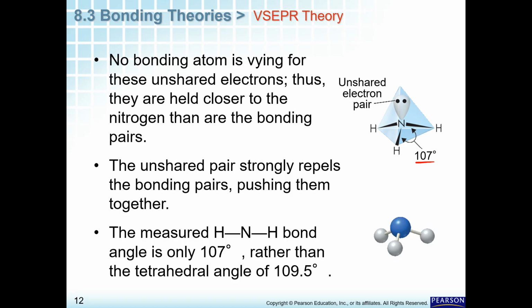The unshared pair is going to strongly repel the ones that are being bonded, and it'll push those slightly more together than it would in a tetrahedral. So we say that the angle is about 107, or the handout will say less than 109 degrees.